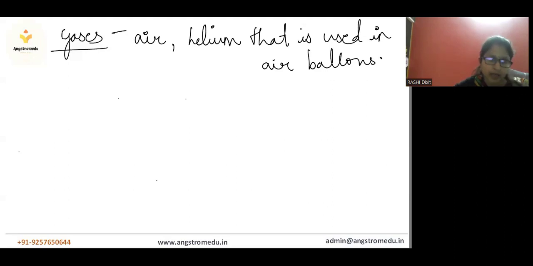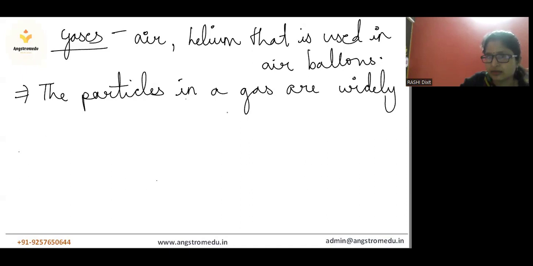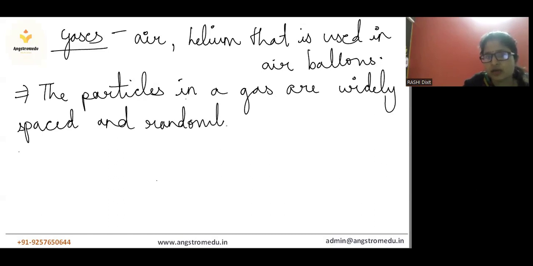Okay. Now, if I talk about the particles, the particles in a gas are widely spaced. Okay, they have a lot of spacing between them and they are randomly arranged just like water.